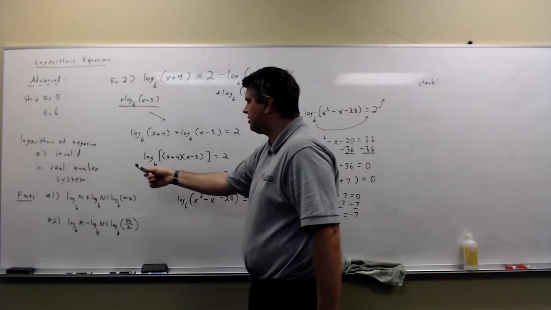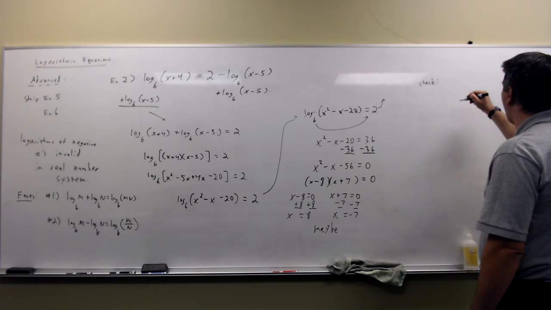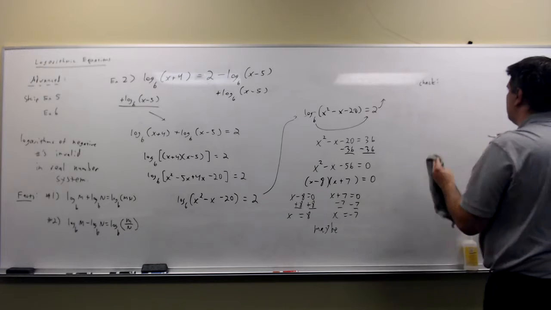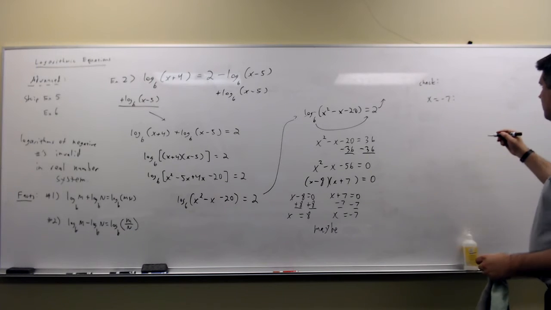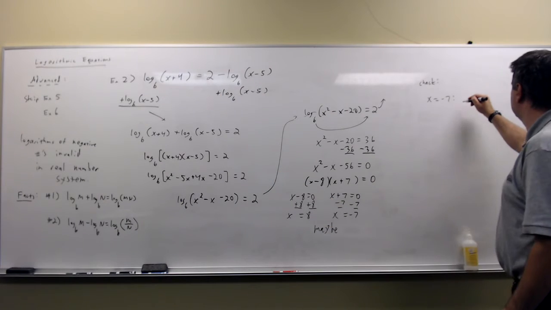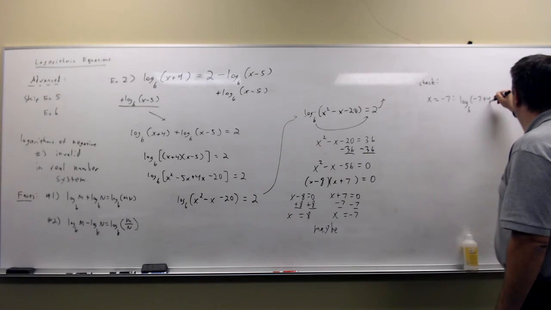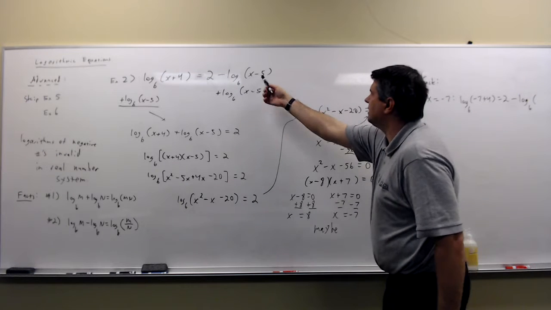Remember, folks, logarithms of negative numbers are invalid in the real number system. So first I'm going to start by checking x equals negative 7. I want to know if log base 6 of negative 7 plus 4 equals 2 minus log base 6 of negative 7 minus 5.